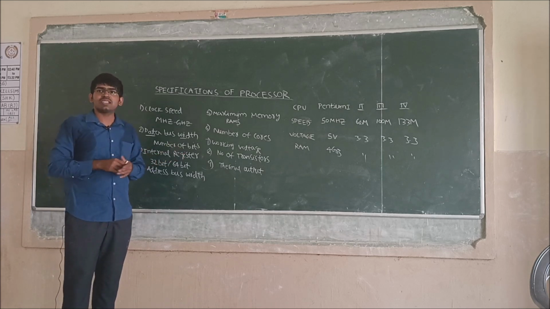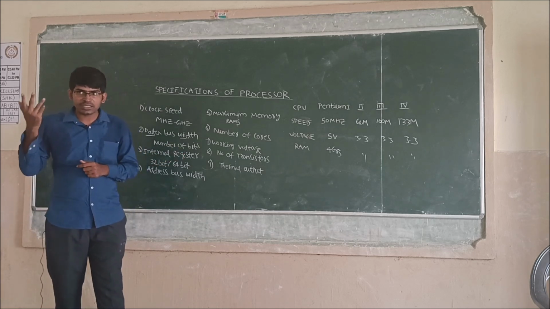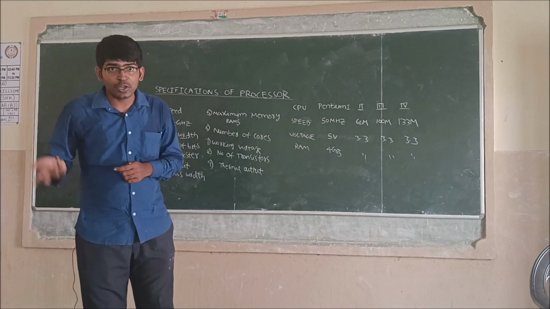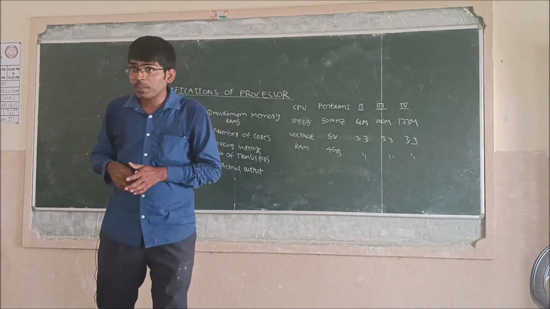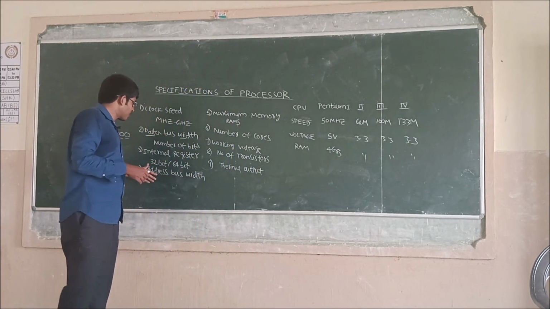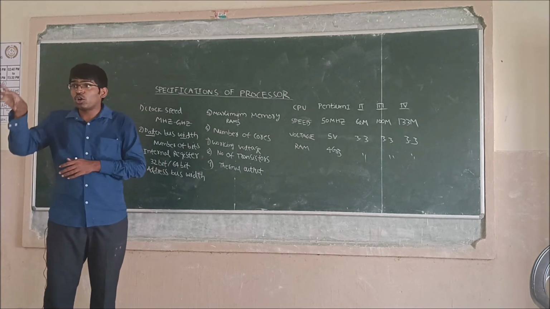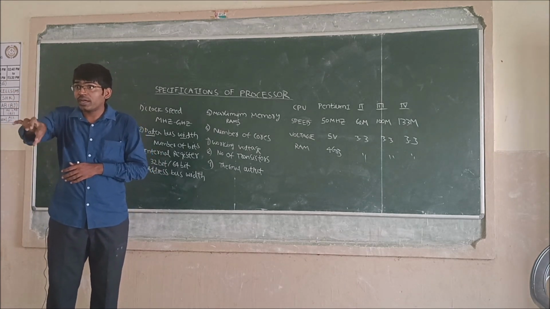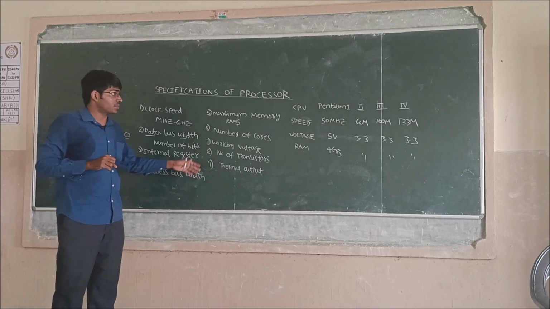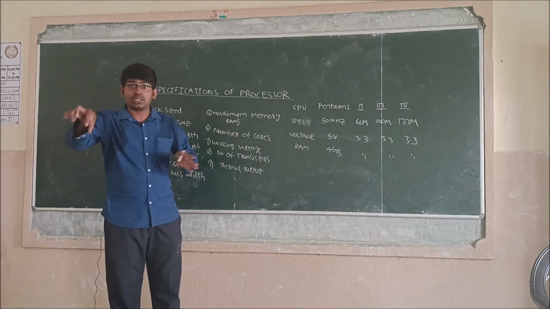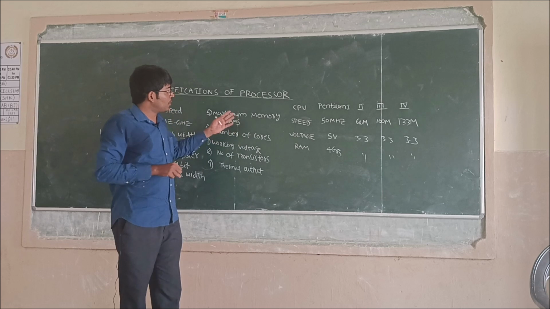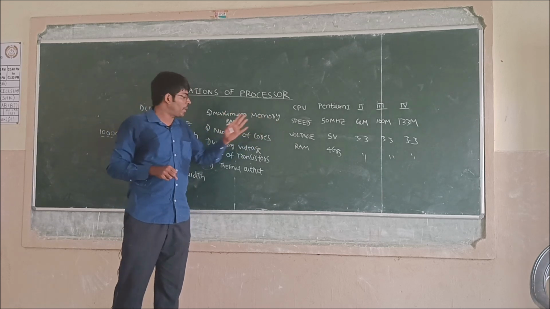The internal register: if we are using a 32-bit register, then it is a 32-bit processor. If we are using a 64-bit register, then it is a 64-bit processor. The maximum amount of memory the CPU can address is known as address bus width. The maximum RAM it can handle is known by the maximum memory.